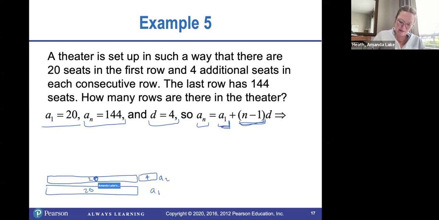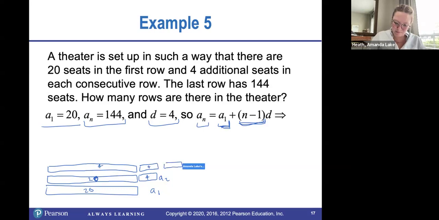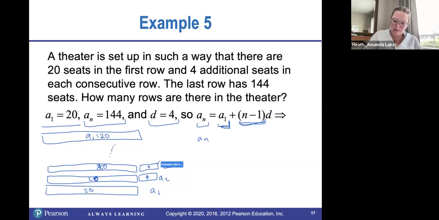The third row is going to have 20, 4, because we're adding 4 onto the last one, and 4 more. So n minus 1 up till we get to n, the nth row, we're going to have 20, which is a1, plus so many sets of 4. So 4, 4, however many times it takes. And this is going to be added n minus 1 times.